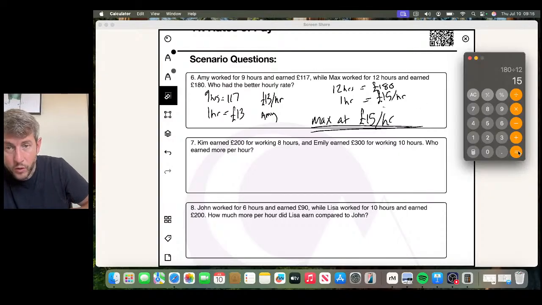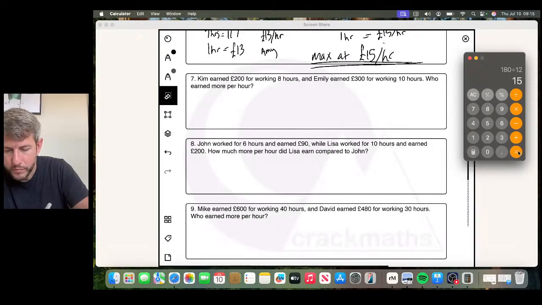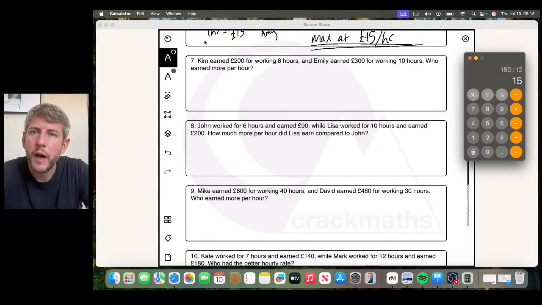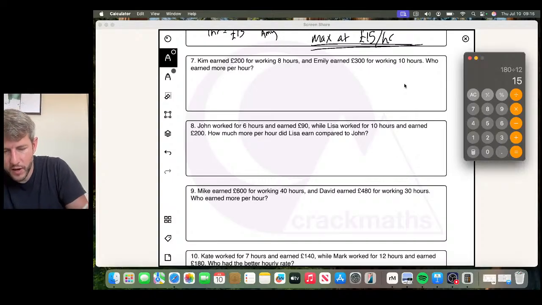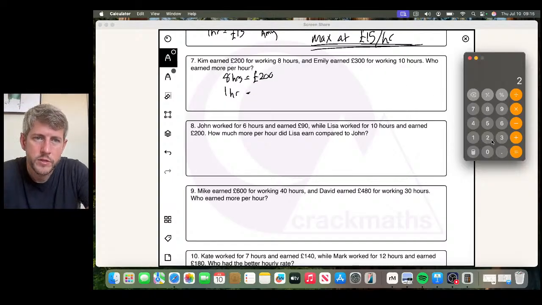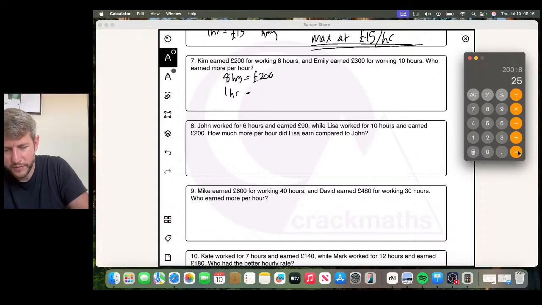Right, question 7. Kim earned £200 for working 8 hours and Emily earned £300 for working 10 hours. Who earned more per hour? Okay, so let's do Kim first. 8 hours equals £200. 1 hour equals 200 divided by 8, £25.